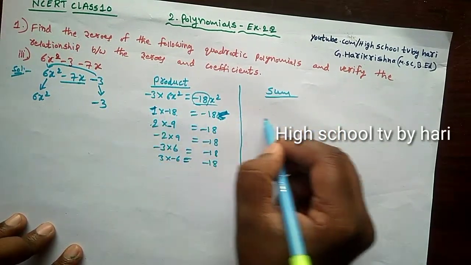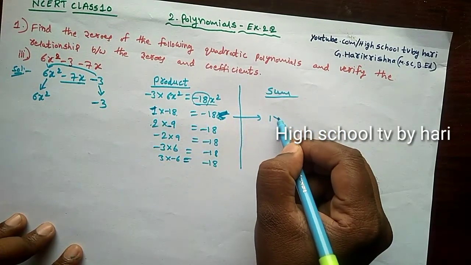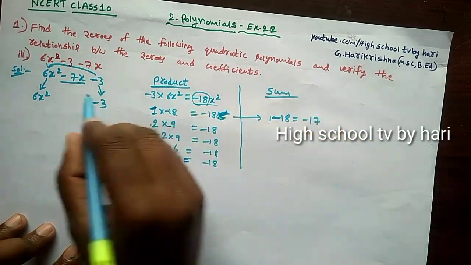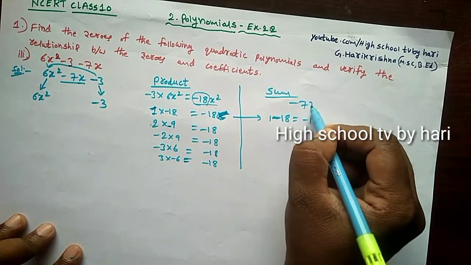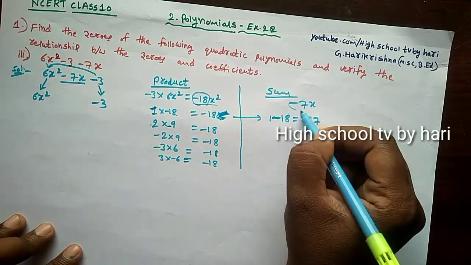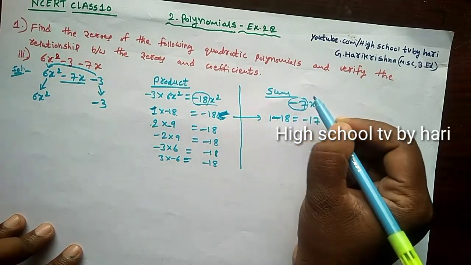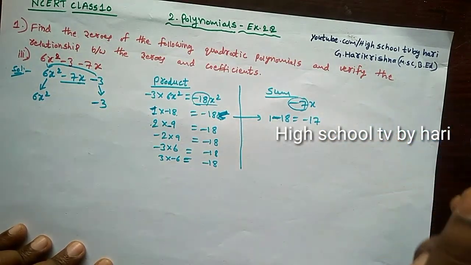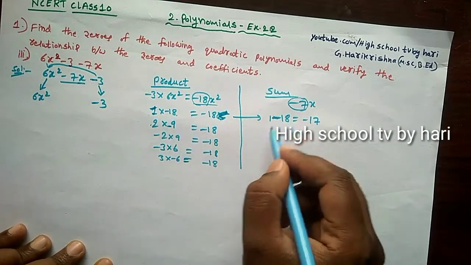First take the first one: 1 and minus 18 is equal to minus 17. What is the sum we need? It is minus 7x. So first consider this minus 7. Then after that we should write x square. 1 and minus 18.